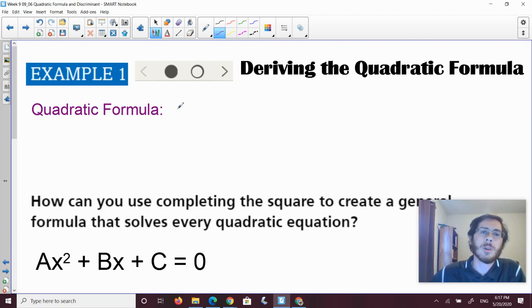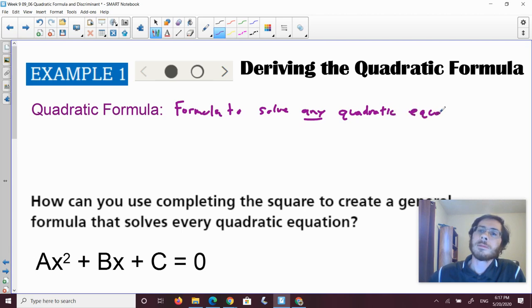And so this is a formula that lets you solve any quadratic equation. So notice it's called the formula because we're going to use the formula to solve an equation, just like a chemical formula might be used to solve a chemistry equation.